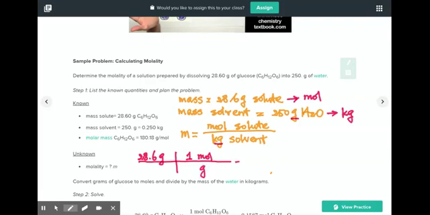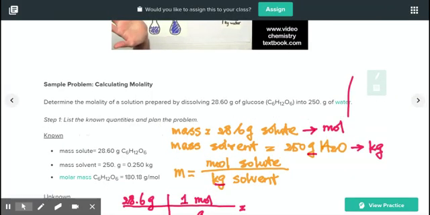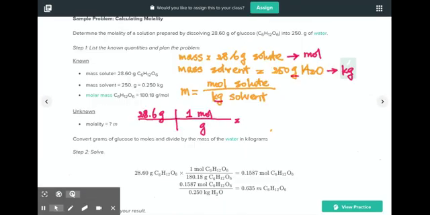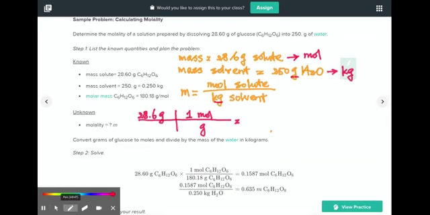You have to use a periodic table to find it. All right, it's roughly 180 grams, and then you get, well, here's the answer, 0.1587 moles of glucose.